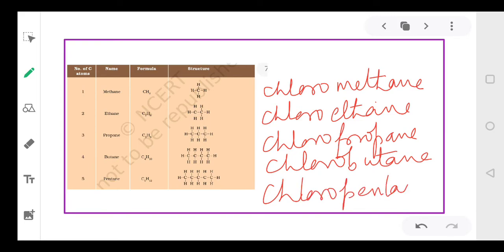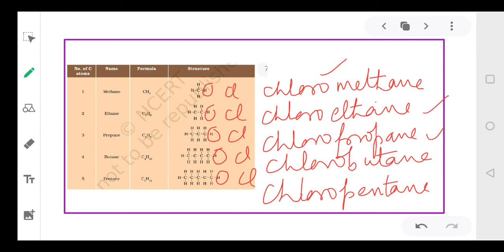So we will replace one hydrogen atom. Everywhere we will replace this hydrogen atom with a chlorine atom, and the respective compounds will be called chloromethane, chloroethane, chloropropane, chlorobutane and chloropentane.